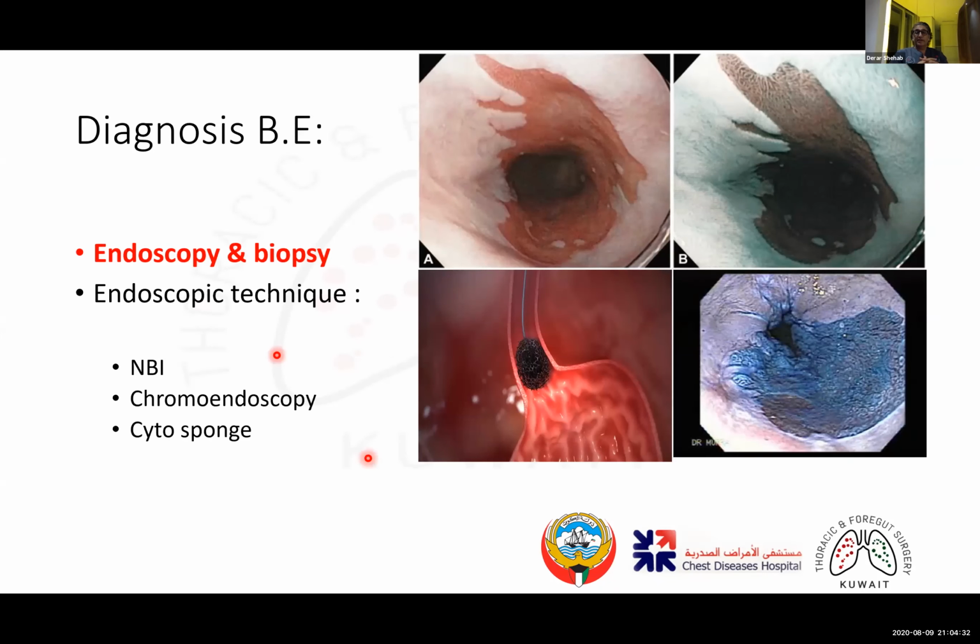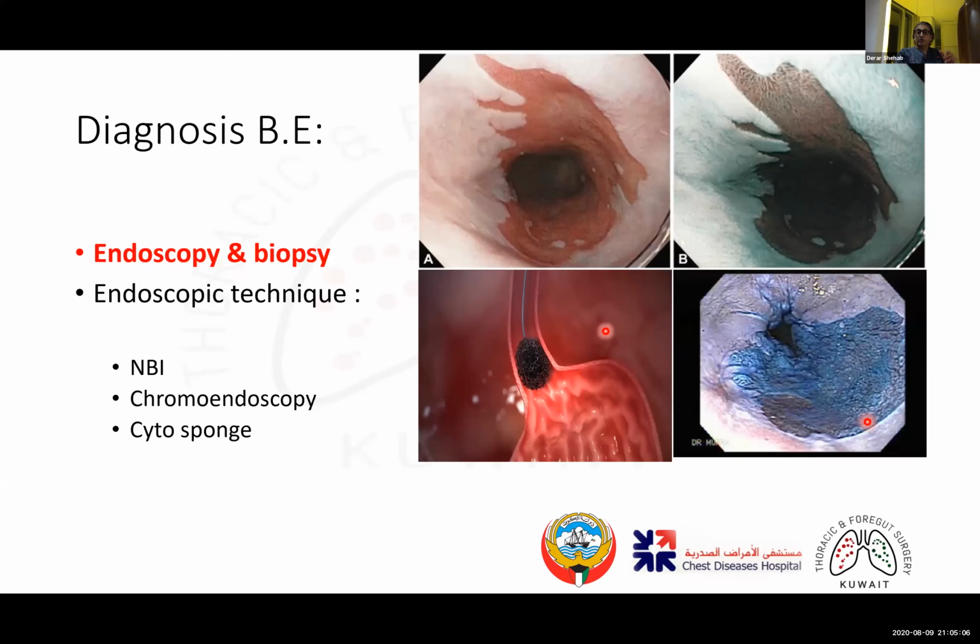So how do we evaluate Barrett's? By endoscopy and biopsy. Recently, there are a lot of endoscopic techniques that emerged, like NBI, which is narrow band imaging, when you see tongues of the Barrett's esophagus here, or they inject the esophagus with a dye.